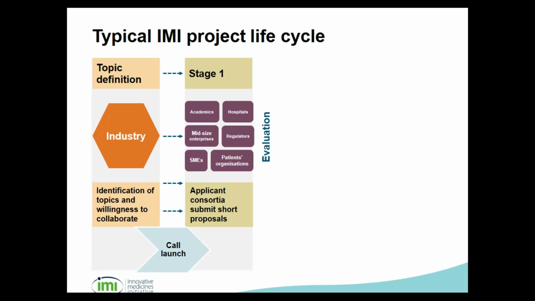This is a very important difference between us and Horizon 2020: we only ever select one proposal from stage one. So this is our main competitive step, and therefore it's essential that you get yourself into a consortium which is truly excellent, because we only ever put one forward. You have to work really hard at this, and my main piece of advice to you is to build a very strong consortium as early as possible.